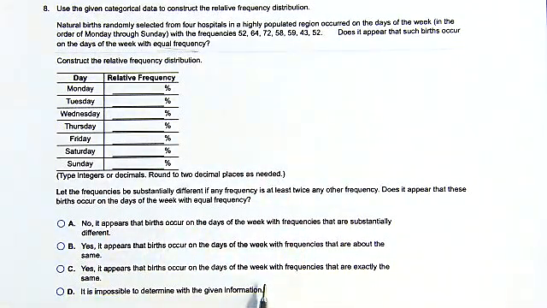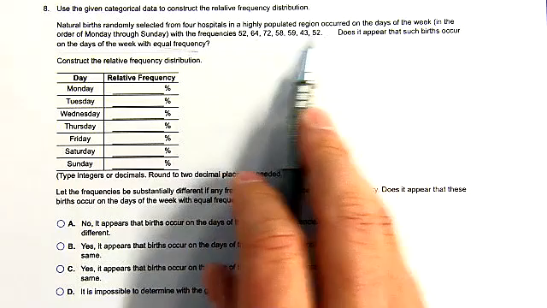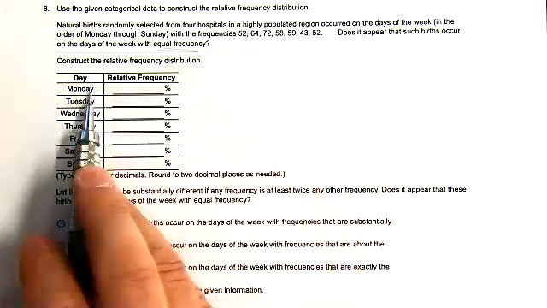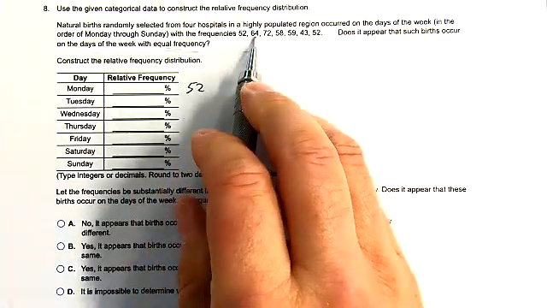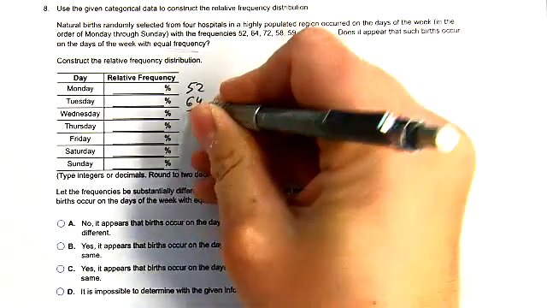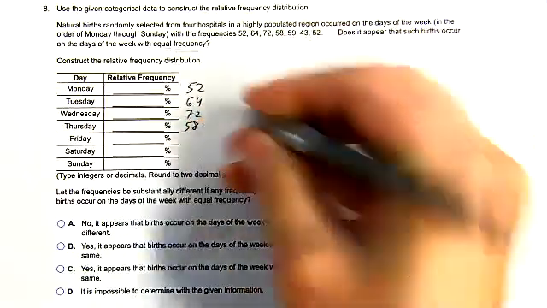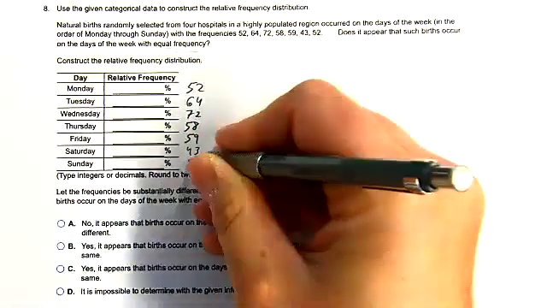So first they want us to build a relative frequency table. To do that, let's first identify these frequencies next to each day. So the first one's Monday, so let's write 52 here. The next one stands for the number of births on Tuesday, so 64, 72, 58, 59, 43, and 52.